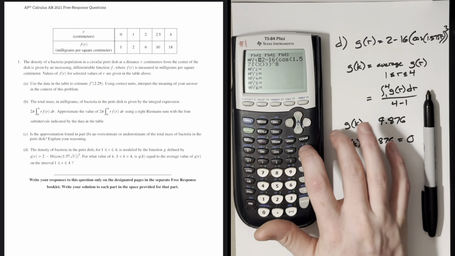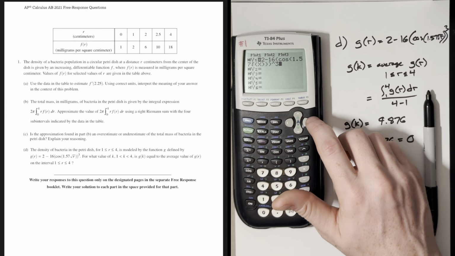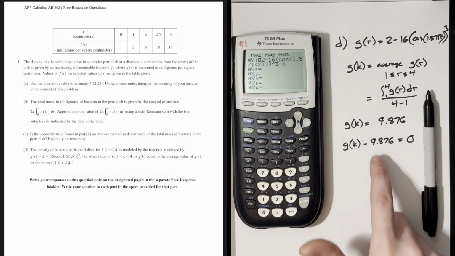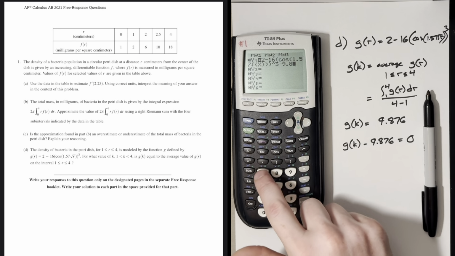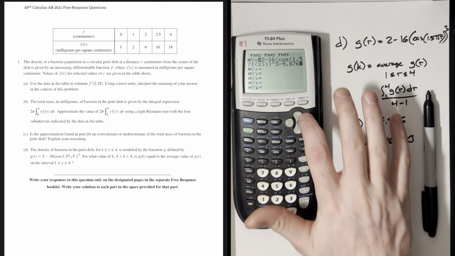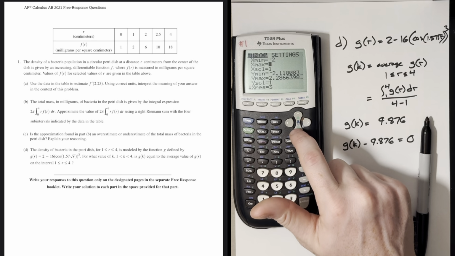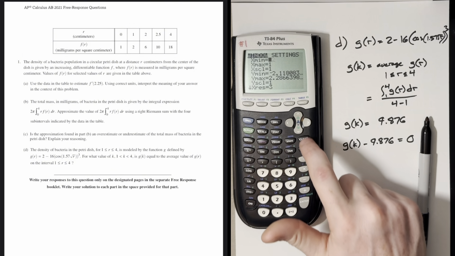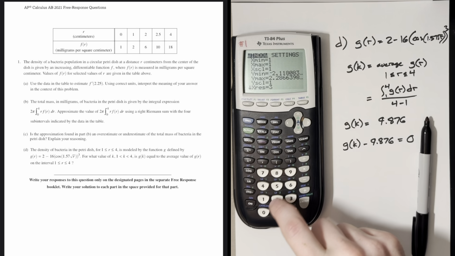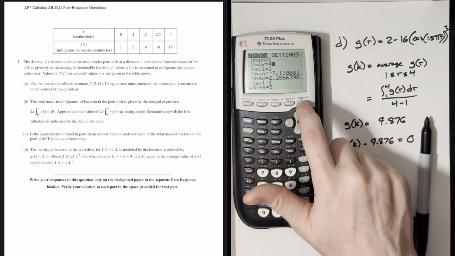We need a third one. Raise that to the third power. But then we are going to subtract that 9.876. I'm going to graph this. Now my window is quite a bit off, but I know that my r value is going from 1 to 4. So I'm going to make my x minimum value 1, my x maximum value 4.